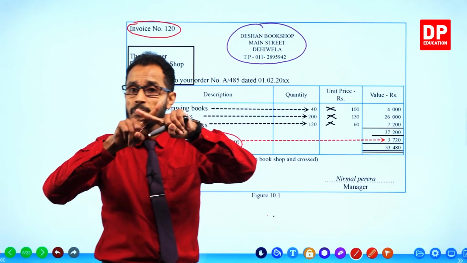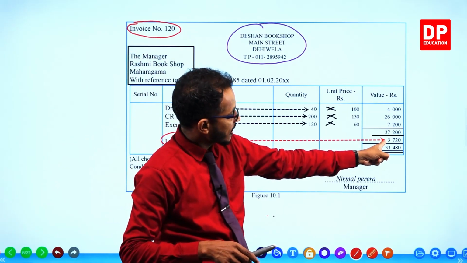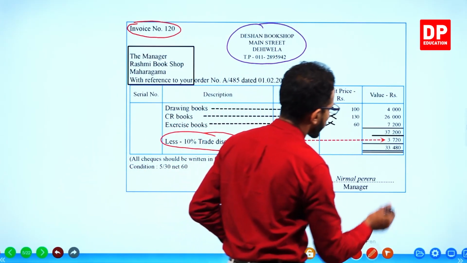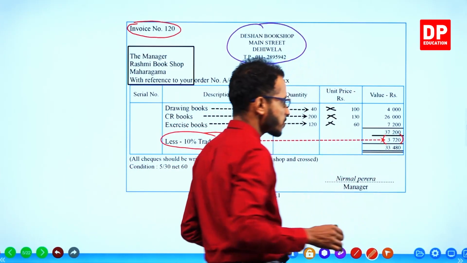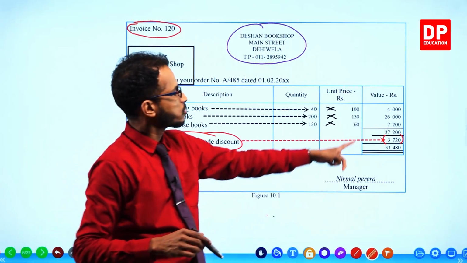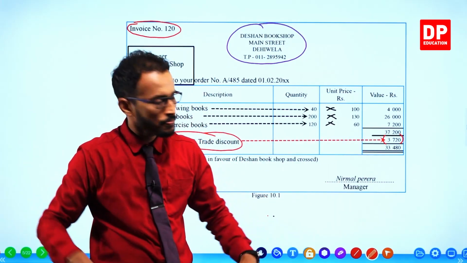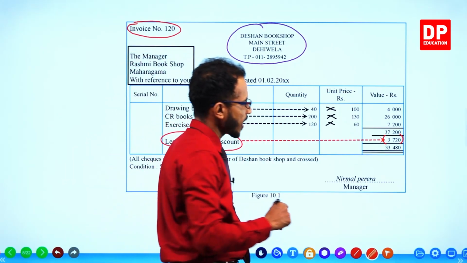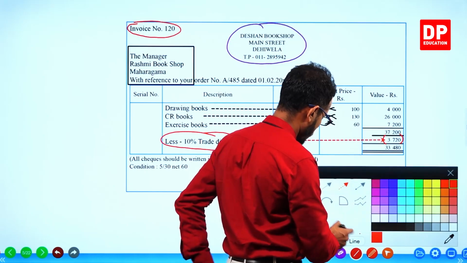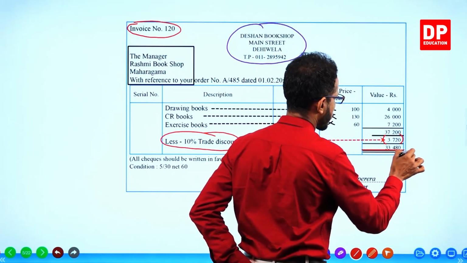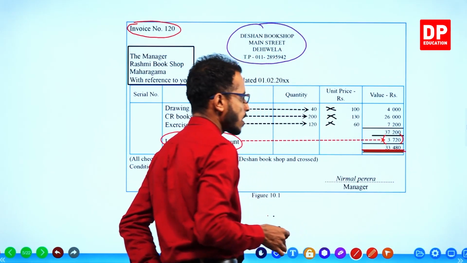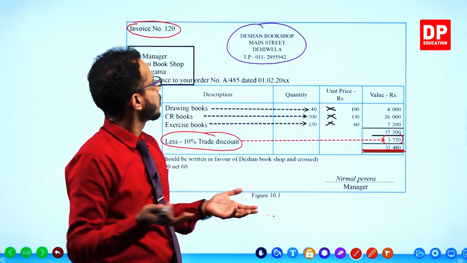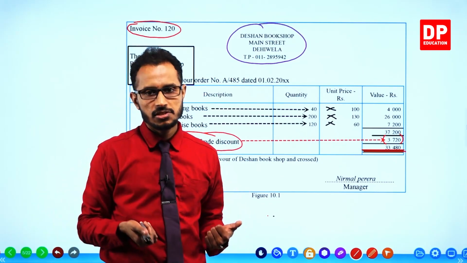When you calculate 10%, you get the answer 3,720. That is subtracted from 37,200. The discount is deducted, and the net value is 33,480. That is the net value that I have to pay, because I purchased.